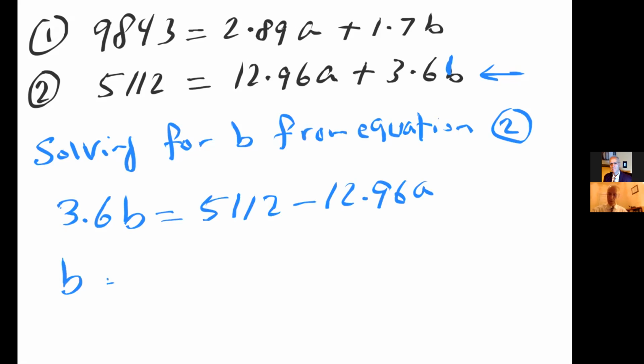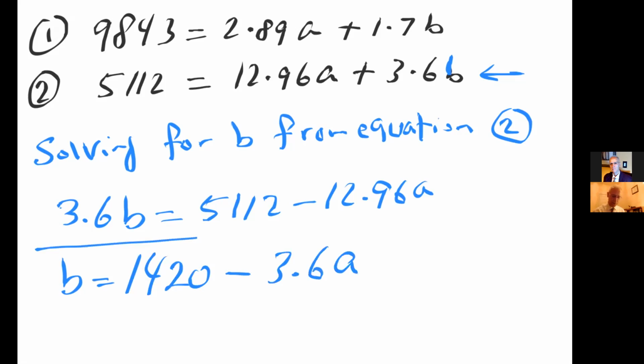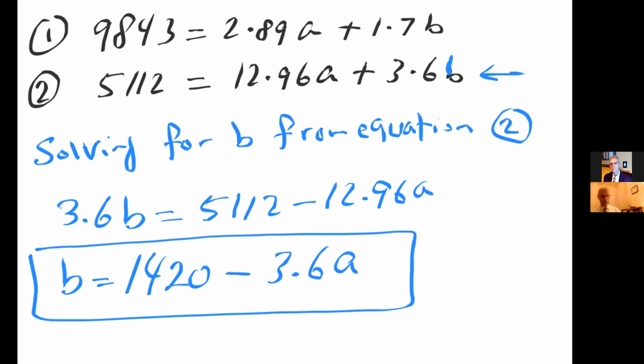So b equals, here's my calculator, 5112 divided by 3.6, 1,420, minus 12.96 divided by 3.6, which is 3.6a. So I know b equals 1,420 minus 3.6a, and I can go ahead and substitute it right into equation 1.